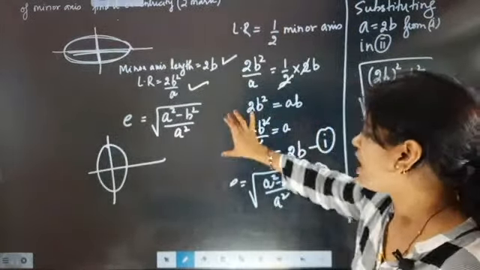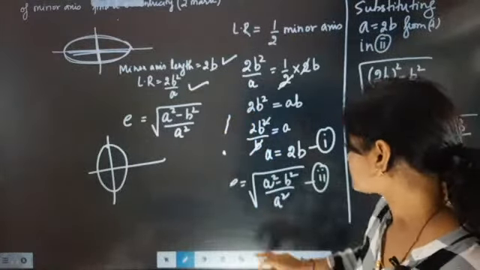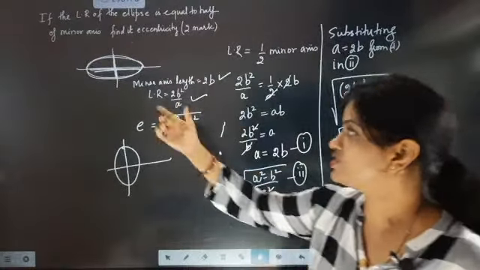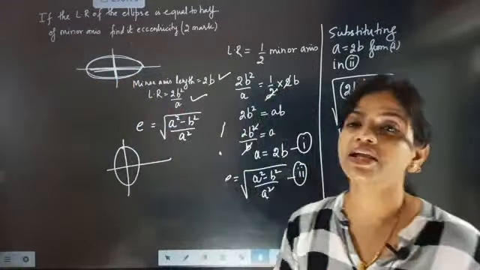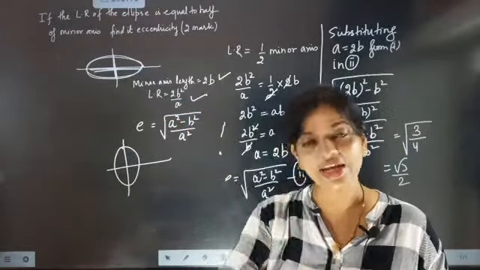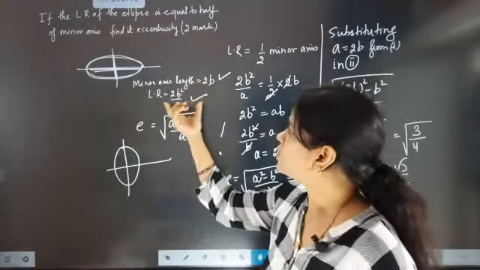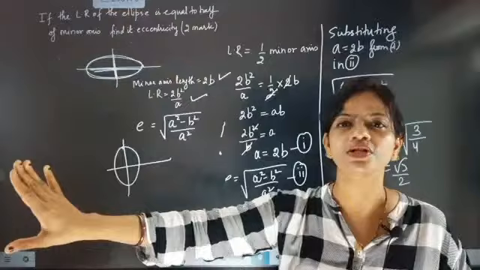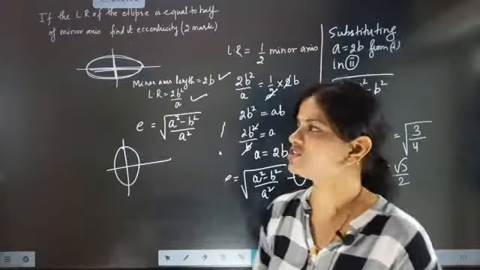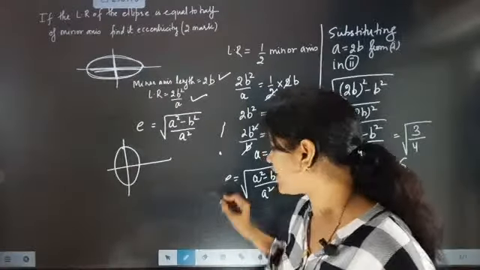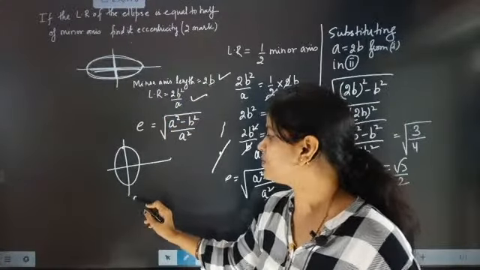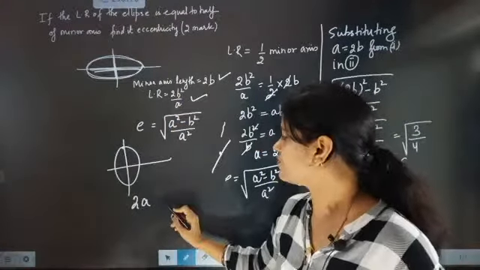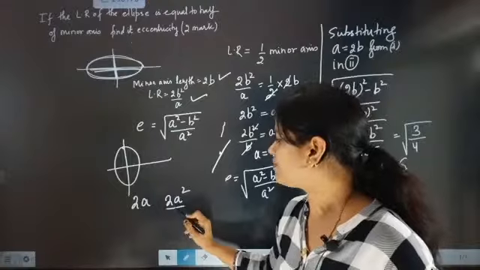Very important point. I took the major part of the ellipse resting on the x-axis. You can also take it on the y-axis. If you take it on the y-axis, whatever equations are there, everything will change. That time the minor axis will become 2a, latus rectum will become 2a square by b.